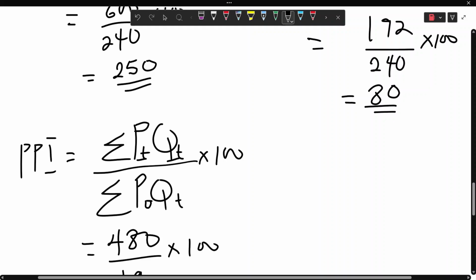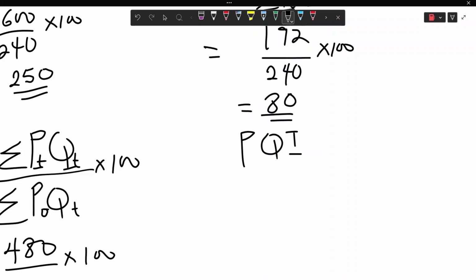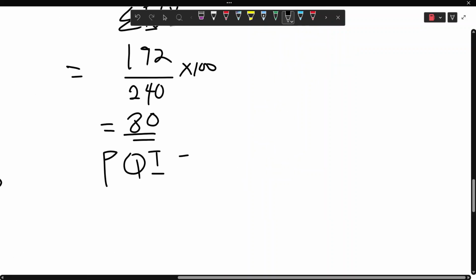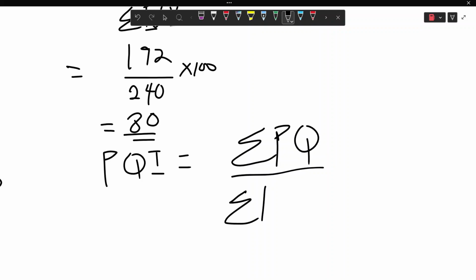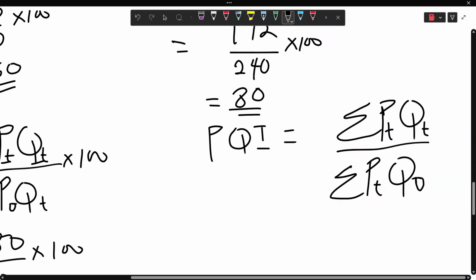Okay, now let's find the Paasche quantity index. The Paasche quantity index is given by a formula.